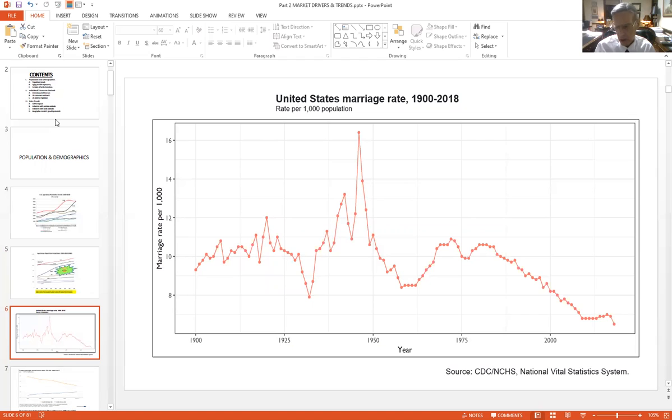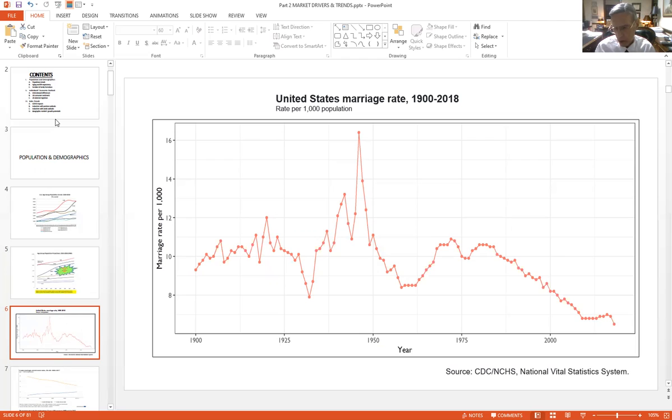And this has a lot to say for marketing purposes. First of all, married couples have different demands, different requirements, different desires to purchase goods and services than people who are not married, don't they?